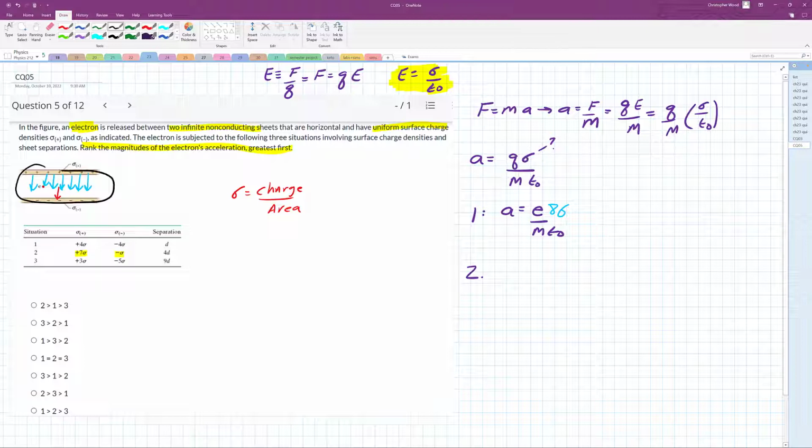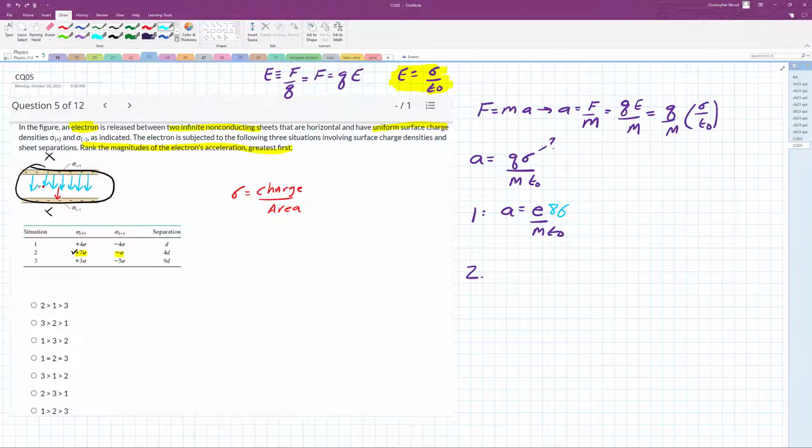Within this region, again, I don't care about up here or down here, I have 8 field lines, which are sort of a proxy for the electric field strength. I have some amount of charge on my negative plate, but I have 7 times that on my positive plate. So I'm going to give this also a value of 1, 2, 3, 4, 5, 6, 7, 8, or 8 sigma for situation number 2.